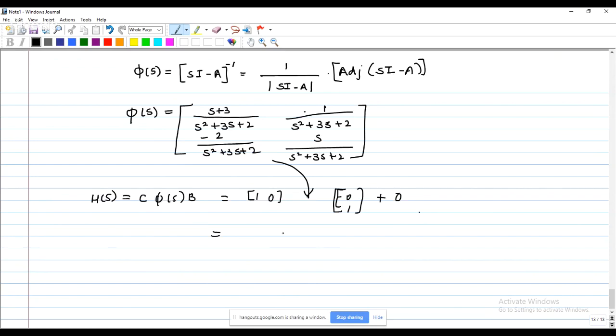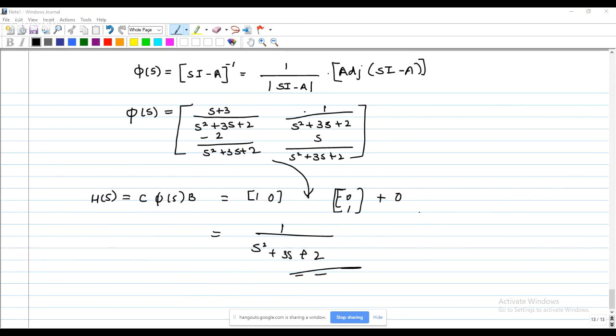Therefore, H of S will be 1 upon S square plus 3S plus 2.